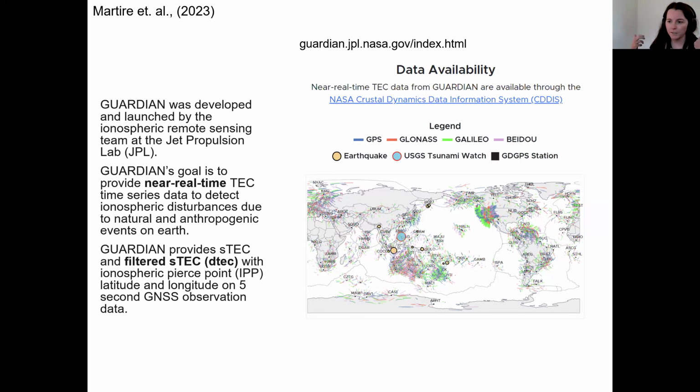And so we remove that trend because ultimately, for Guardian's purpose, this is a monitoring system of events. We don't need to monitor sunset, sunrise. That's not what we're trying to do. So they remove that. It's filtered. It's a detrended TEC. So we're going to call that DTEC.